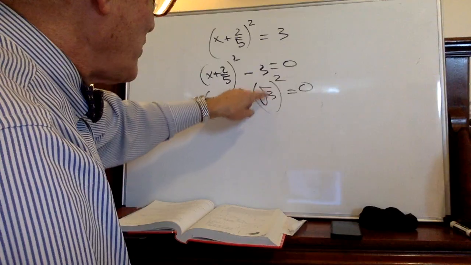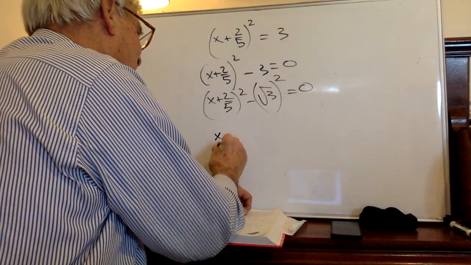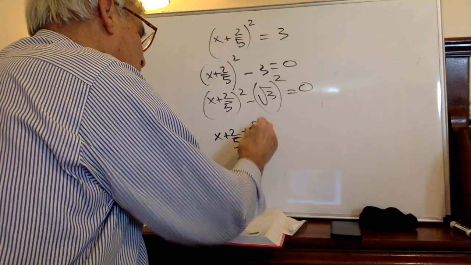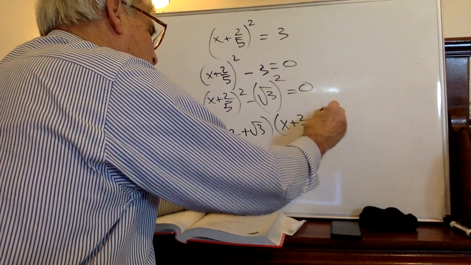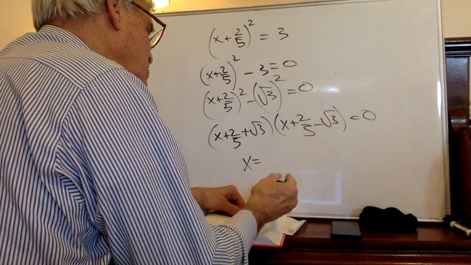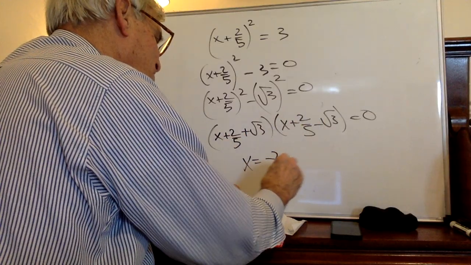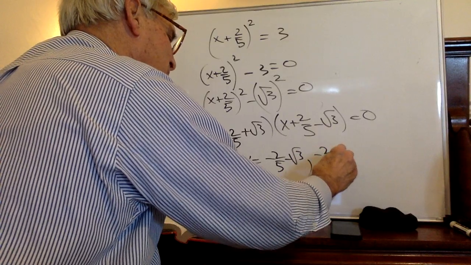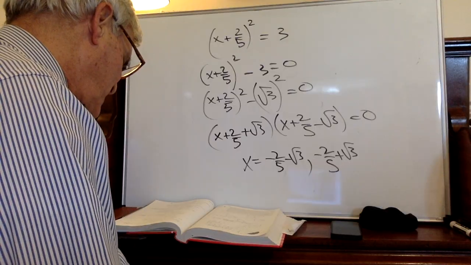Again, 3 is the square root of 3 squared. Now I have the difference of squares, and I get x plus 2/5 plus root 3 times x plus 2/5 minus root 3 equals 0. Setting each factor equal to 0 and subtracting, you get x equal to negative 2/5 minus root 3, comma, negative 2/5 plus root 3. Those are your two solutions. Okay?